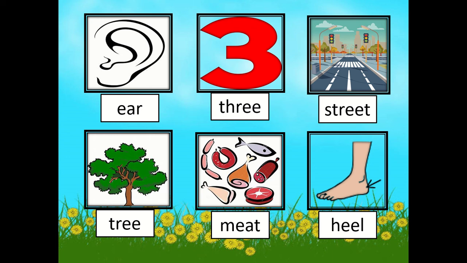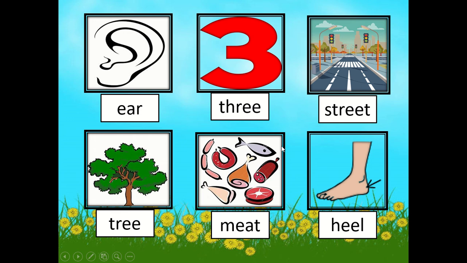Now let's repeat. We have ear, three, street, tree, meat, and heel. So what sound do these words have? Is it the E or the E sound? Very good.